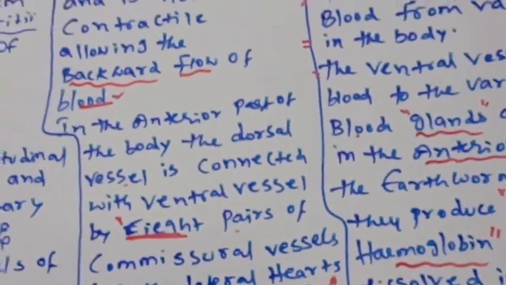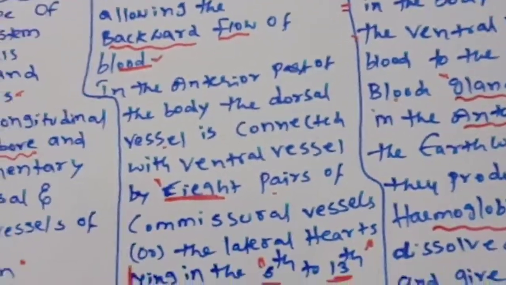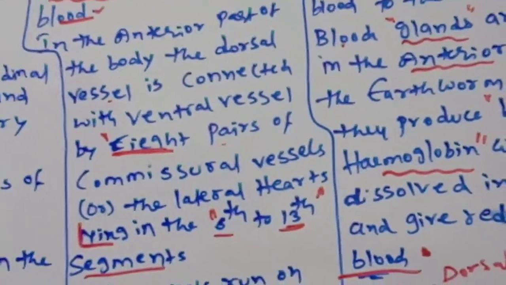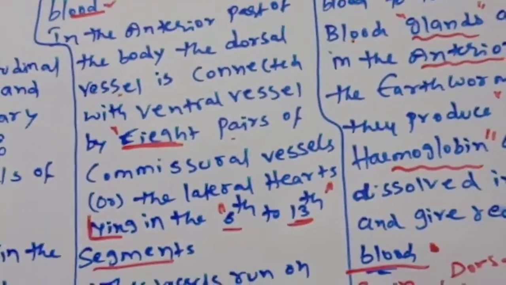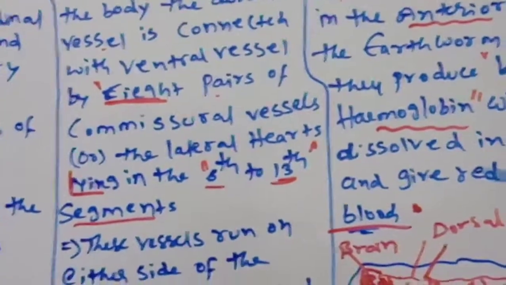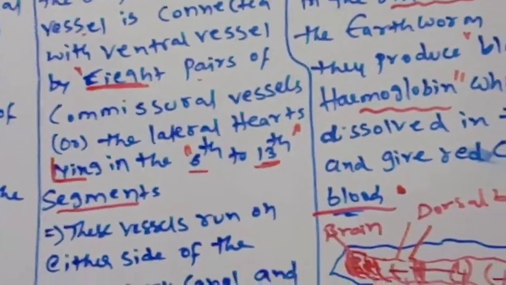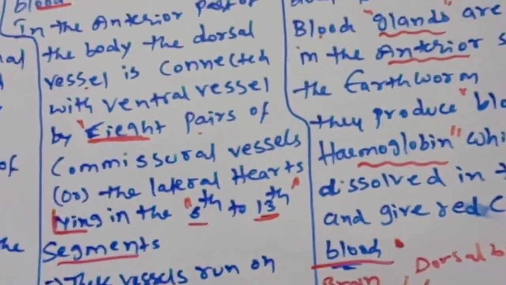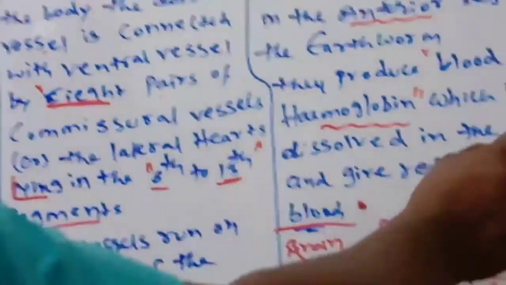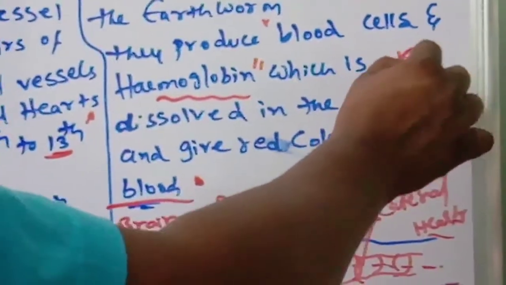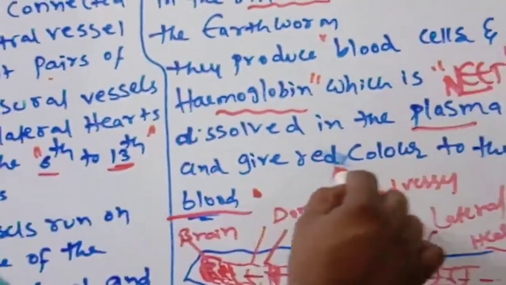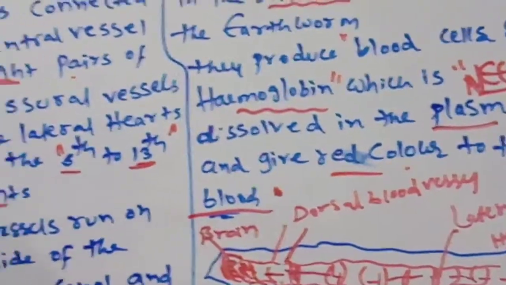The vessels run on either side of the alimentary canal: one receives the blood, one takes the blood, and one sends the blood. Blood glands are also there. They produce blood cells, and hemoglobin is dissolved in the plasma, not in the blood cells. Hemoglobin is dissolved in the plasma and gives red color to the blood.